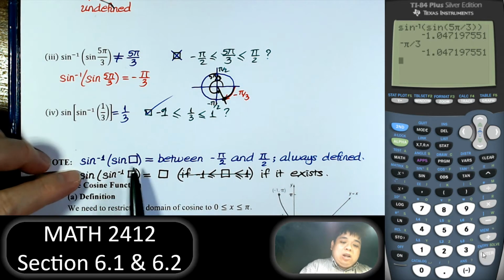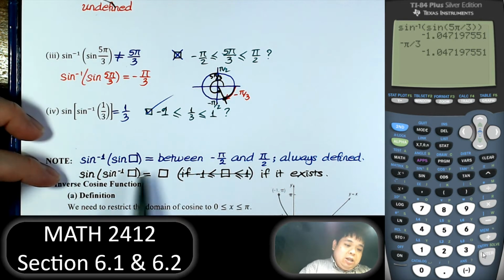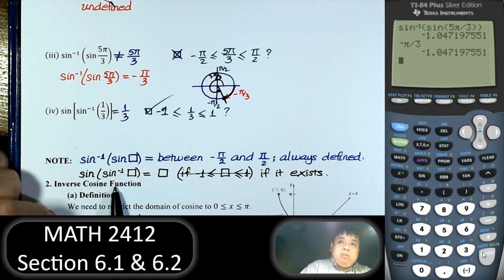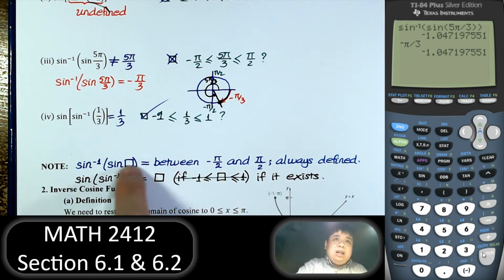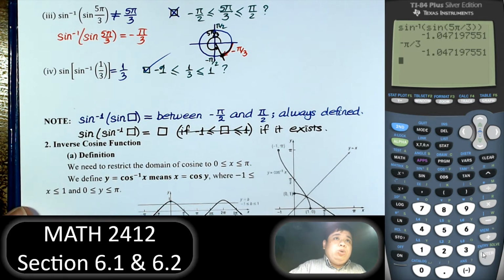So one is always defined but may not cancel. The other one, if it exists, will cancel. If it does not exist, of course, they cannot cancel out anything. So that's summarized in this part here. Of course, when we go to cosine and tangent, they will repeat these properties. Right, talking of which, we go to cosine.